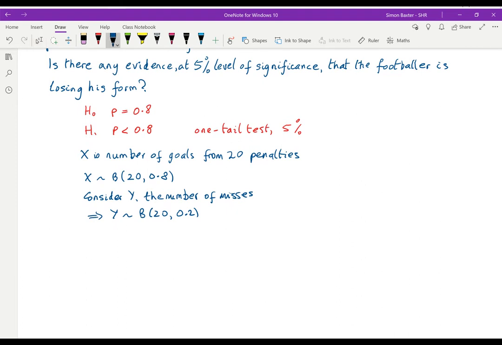The test statistic is x equals 13, and so we want the probability that x is, and we're down the bottom end of the distribution, the mean is 16, 13, are we worse than or equal to 13?